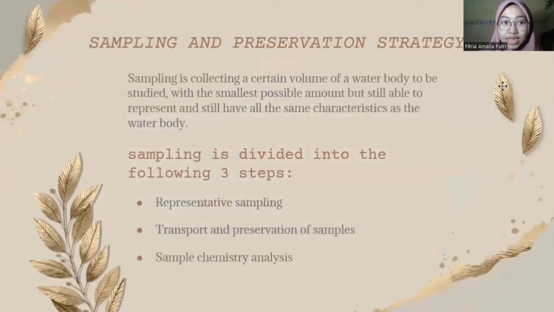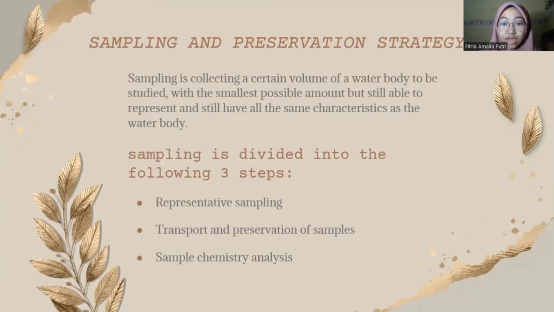This is sampling and preservation strategy. Sampling is collecting a certain volume of a water body to be studied, with the smallest possible amount but still able to represent and still have all the same characteristics as the water body.